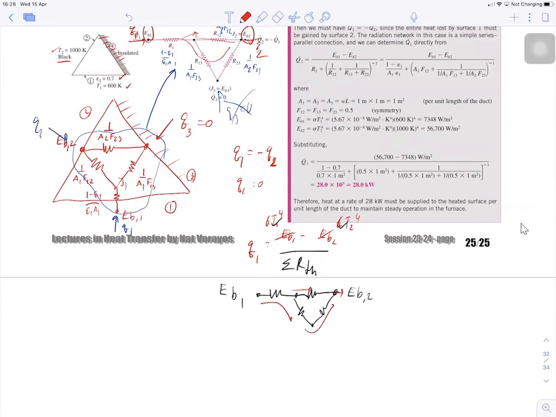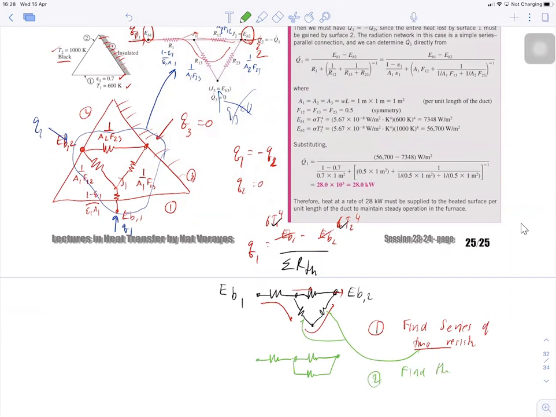You have to first find the series of two resistances, meaning this one and this one in series, okay? You're going to have yourself that, right? Reduce the two series resistances into one.